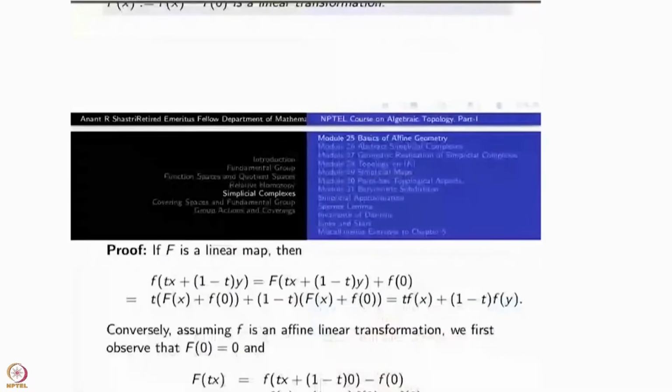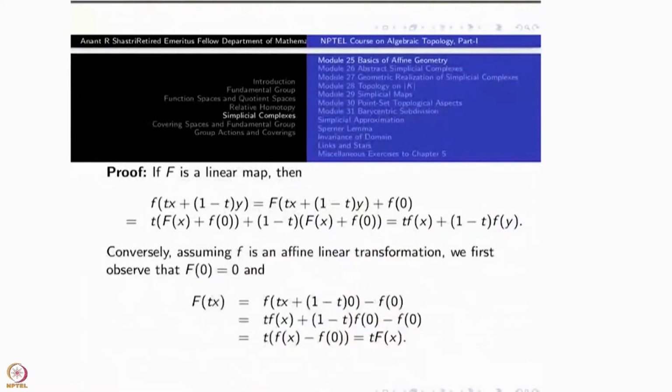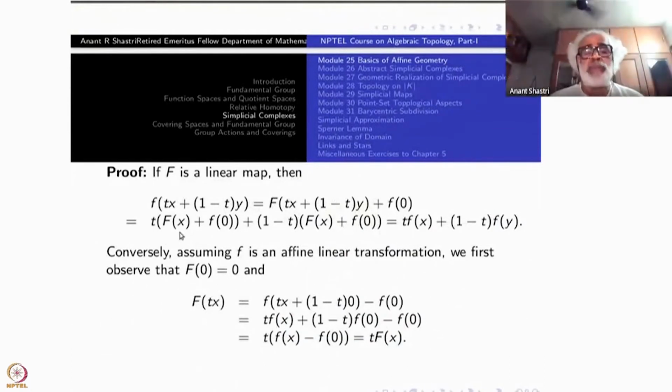So I have given a proof also here. Suppose capital F, after subtracting f0, is a linear map. Okay, then go back to the original function f of tx plus (1 minus t)y, which is by definition F of tx plus (1 minus t) times y, plus f0, because capital F of whatever is f of that minus f0, right?